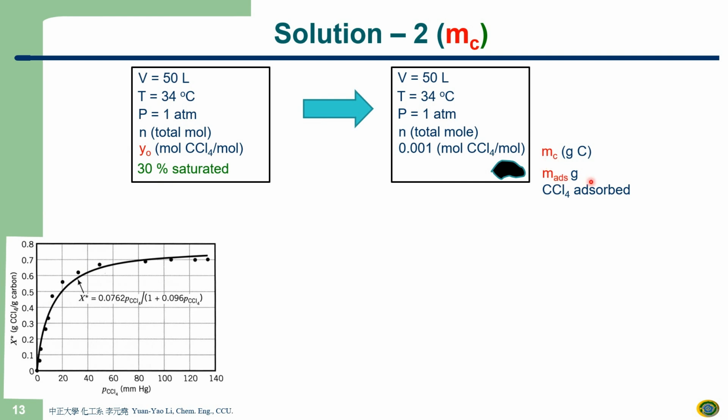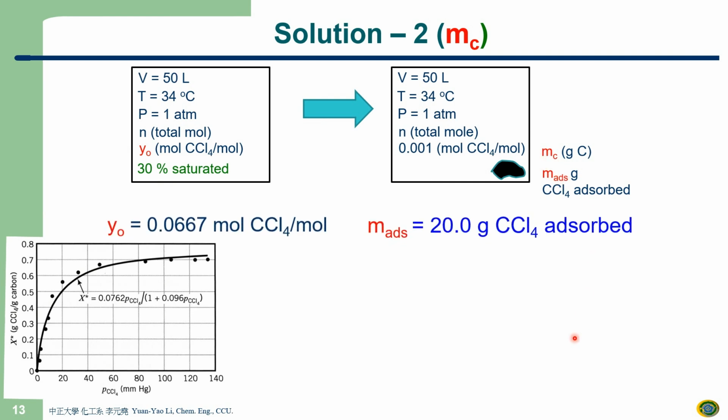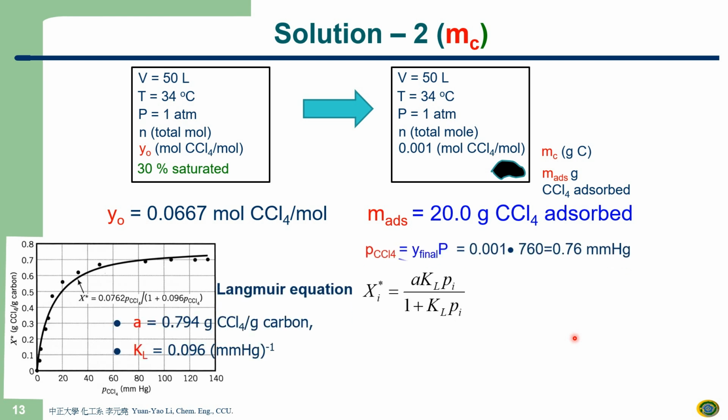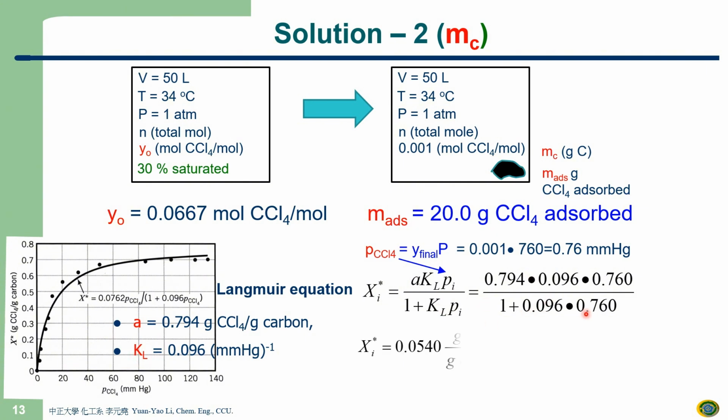Now it's MC. So what's the amount of MC? Langmuir: if I give you the Langmuir equation, and I give you the constants A and KL, you put the numbers in, bingo, you get this.